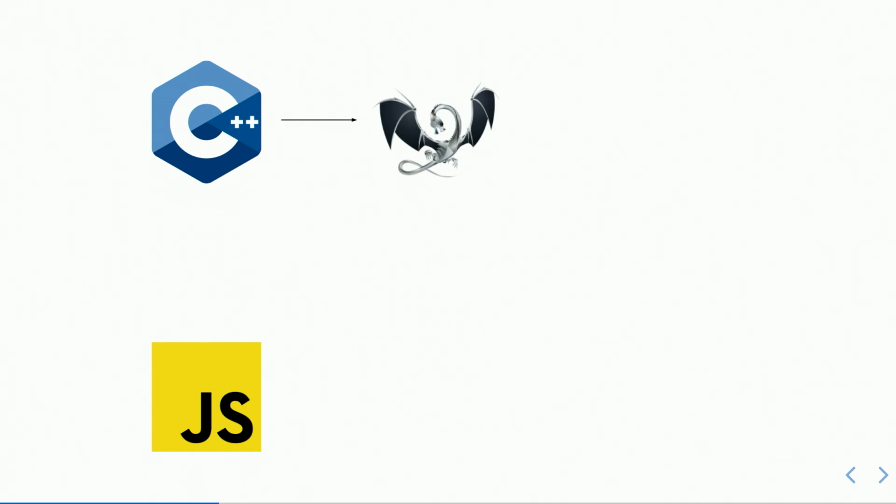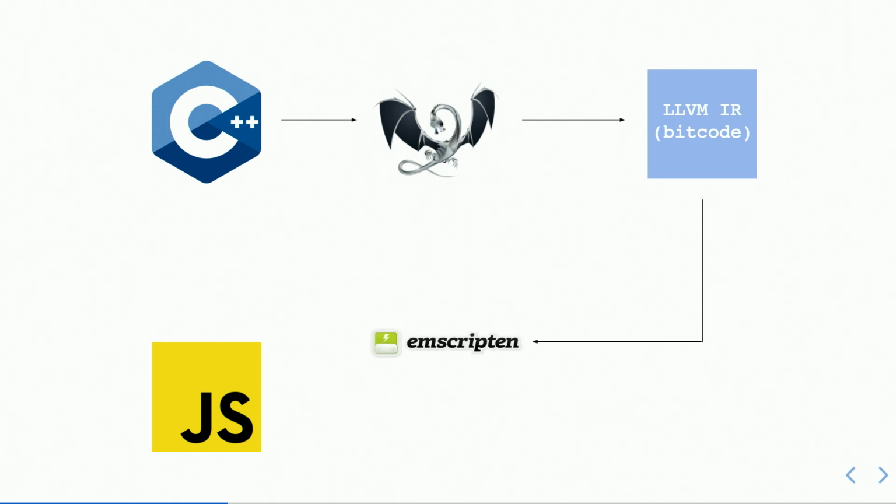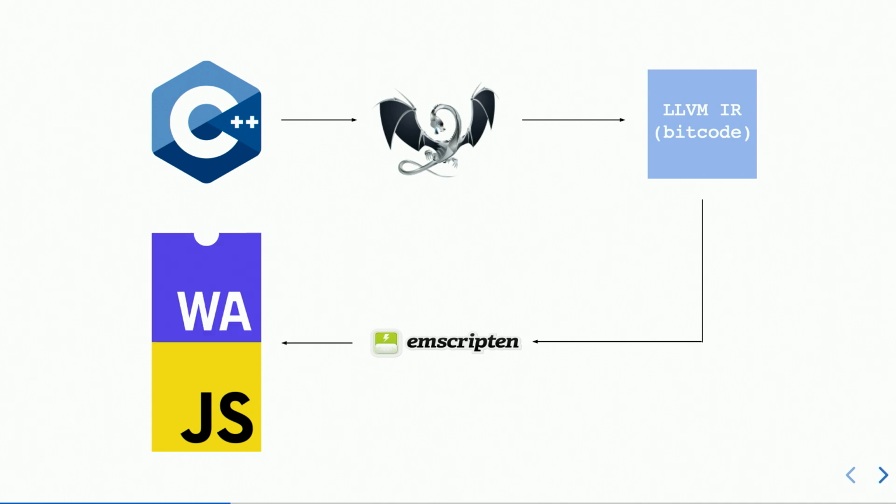Then Clang is outputting bytecode called LLVM intermediate representation. And instead of moving this code to traditional assembly and having a native binary, what Emscripten is doing is translating this bytecode to WebAssembly. So pretty easy, and it's working.